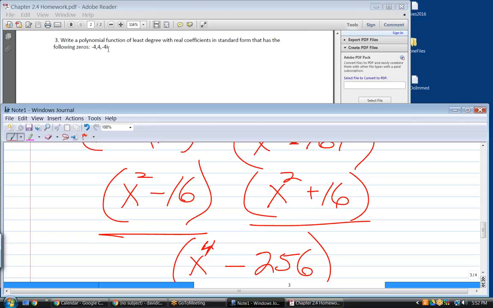But the one thing I know for certain is that you cannot have only 3 zeros and only have one of them be complex. You can have only 3 zeros if it's a cubic. You're going to have the same number of zeros as you have degree polynomial most of the time. But complex ones have to come together. So this answer is only if the fourth one is 4i. If it's not, we can't really do the problem.